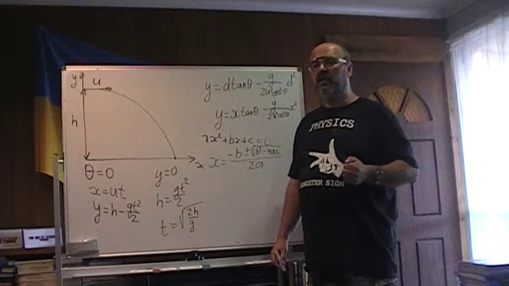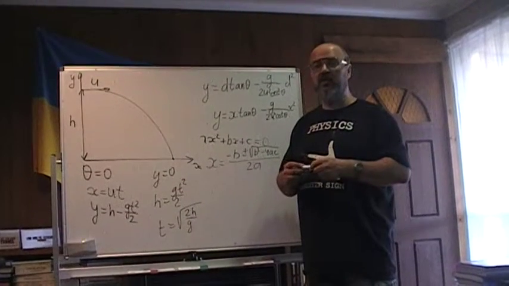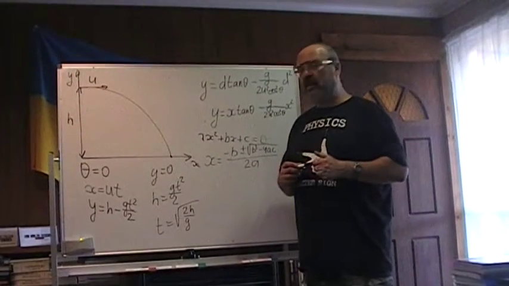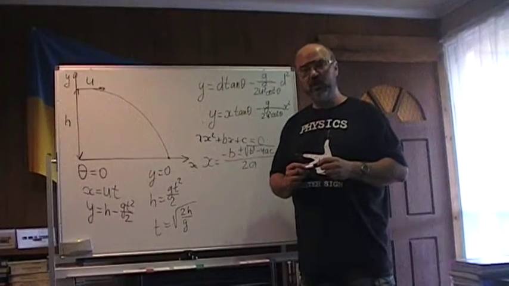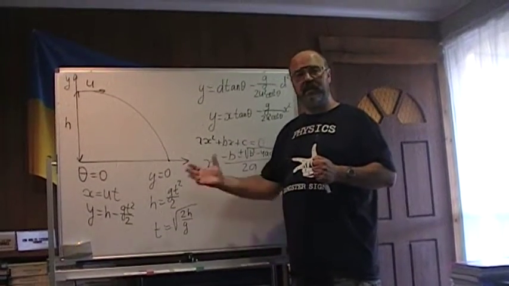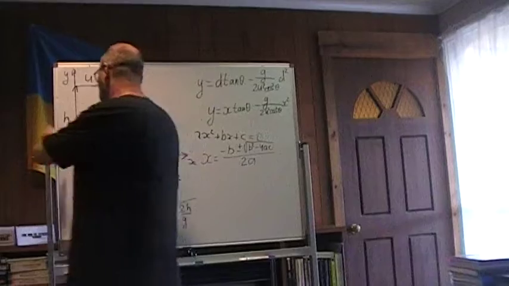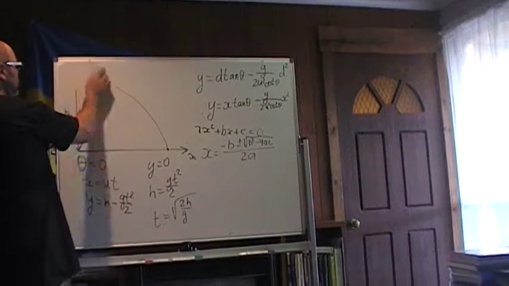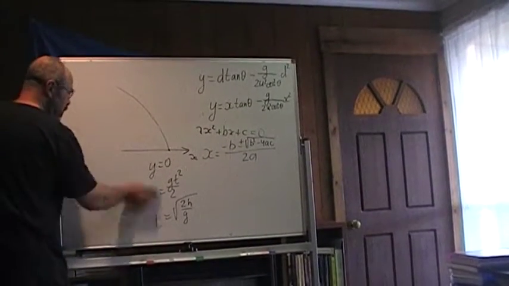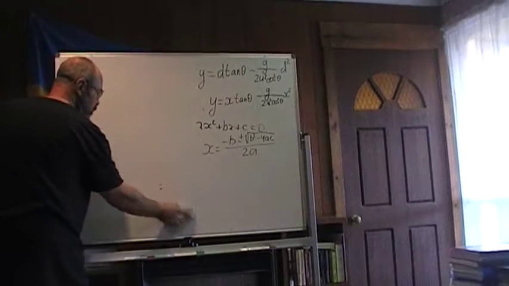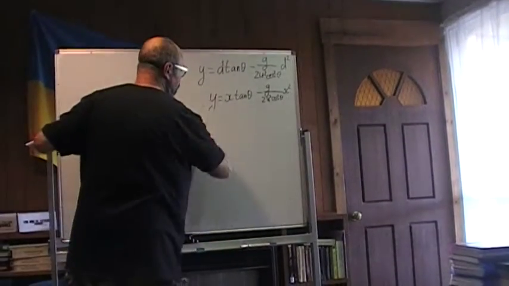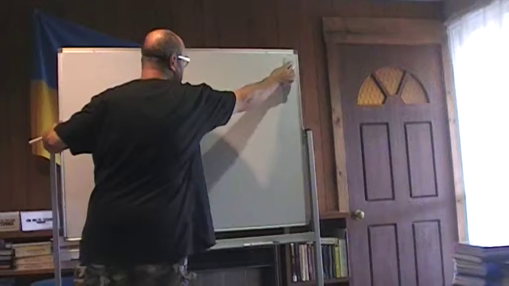And one more thing that questions often ask you: find the velocity with which the object hits the ground. To do that, let's see how the velocity changes through the course of the projectile motion.